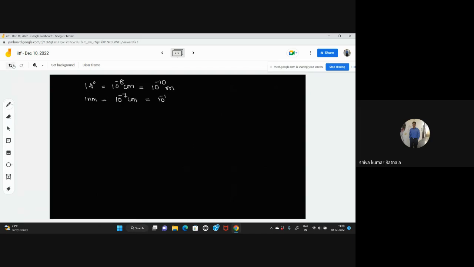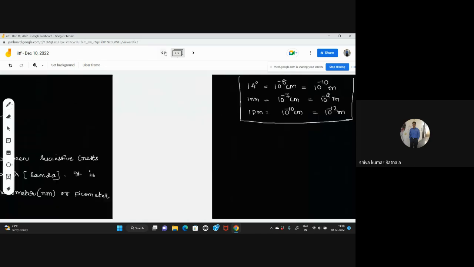Sir, can you show the previous slide? One second. And 1 picometer is equal to 10 to the power of minus 10 centimeters or 10 to the power of minus 12 meters. So you need to learn these values, because in future when we are solving problems, it will be helpful.